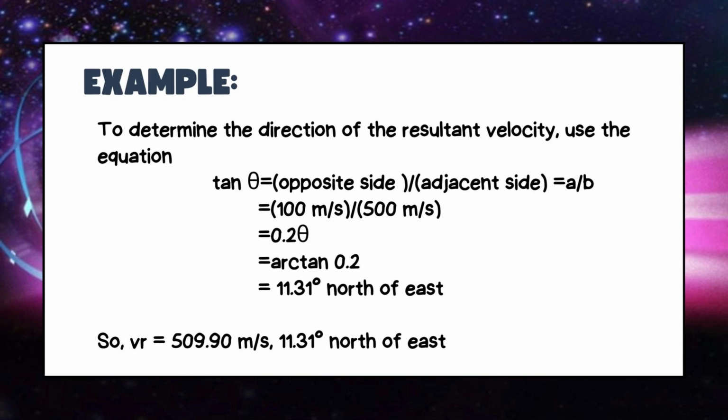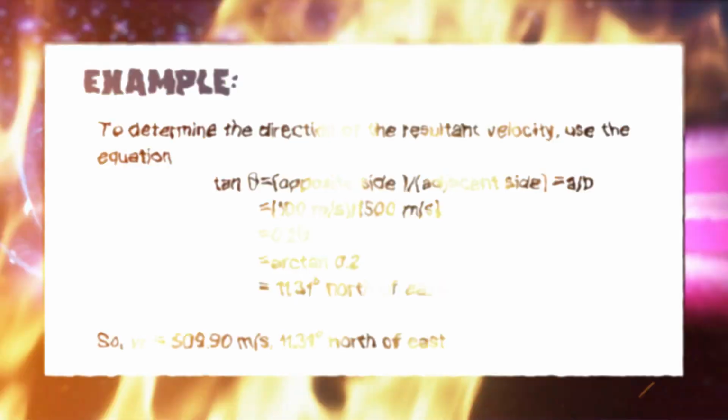Ngayon, ilalagay natin sa scientific calculator ang shift tan 0.2 and the answer will be 11.31 degrees. And the final answer for resultant velocity is 509.90 meters per second, 11.31 degrees north of east.